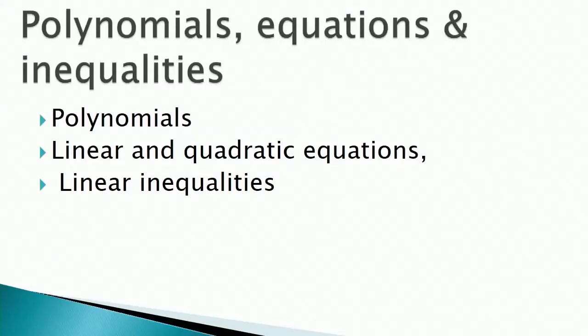Linear inequalities, you solve them similarly to linear equations, but you do not change the sign of the inequality. You maintain it, you keep it. So let's look at a few examples in algebra.